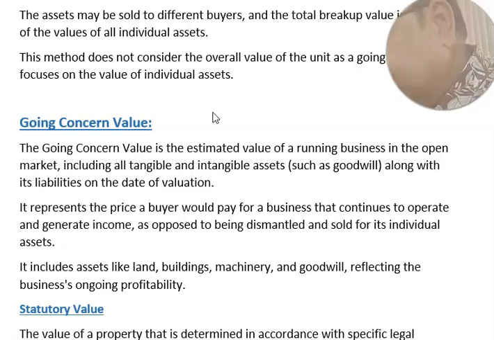It includes assets like land, building, machinery, and goodwill, reflecting the business's ongoing profitability. So going concern value applies when a company is in running condition, doing its business in full speed, say in peak period. If that company is sold and the buyer will run the company in the same fashion or improve the company's productivity, it is called a going concern value.